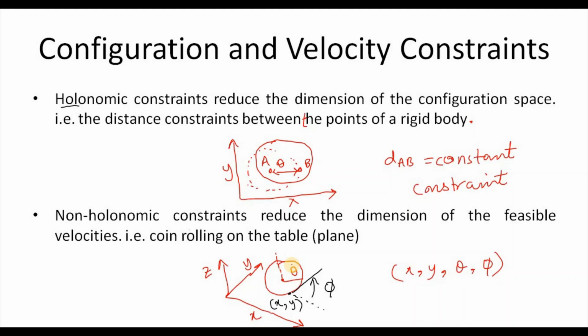But this coin can reach anywhere on this xy plane; regarding the velocity, however, it cannot have a velocity along this side. It can only have a velocity along the direction of phi, but it cannot have a velocity that is orthogonal to phi.